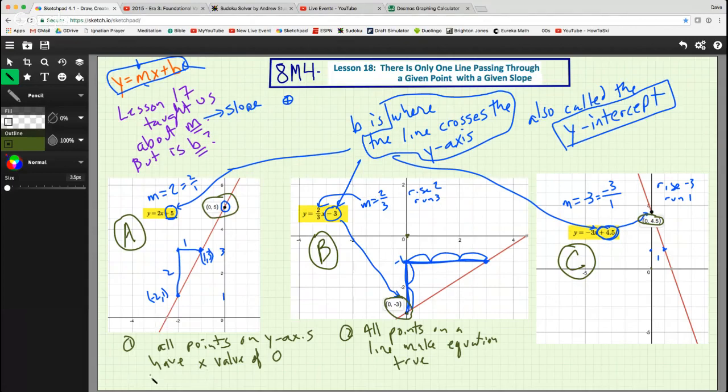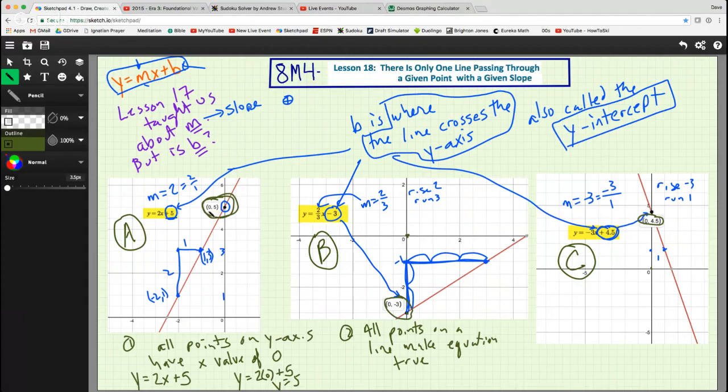So if I write y equals 2x plus 5, and I want to plug in the point (0, 5), I say, well, if I put a 0 in for x, I get y equals 2 times 0, which will always be 0, plus 5. So y equals 5. So when x is 0, y is 5.